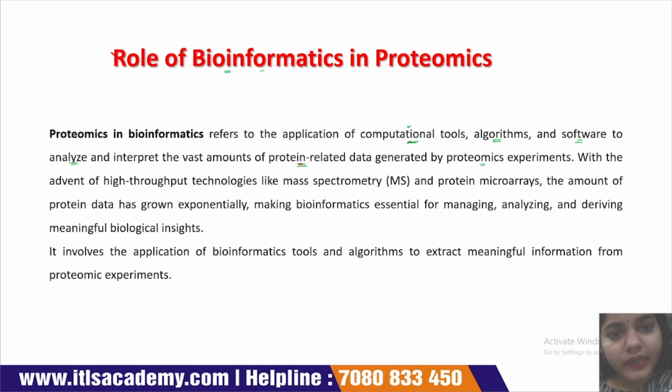In bioinformatics, basically we analyze the data generated by proteomics techniques.